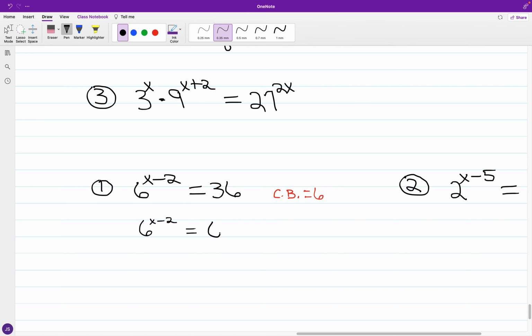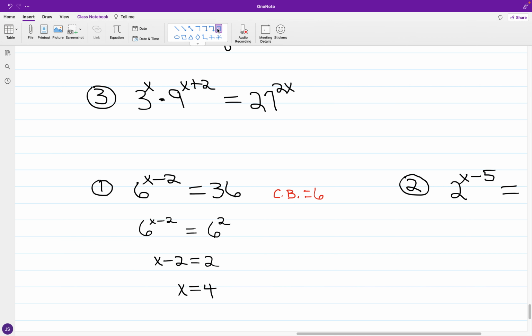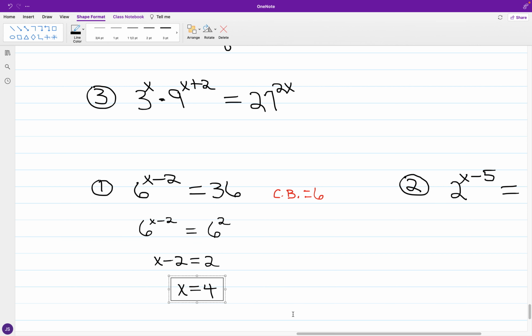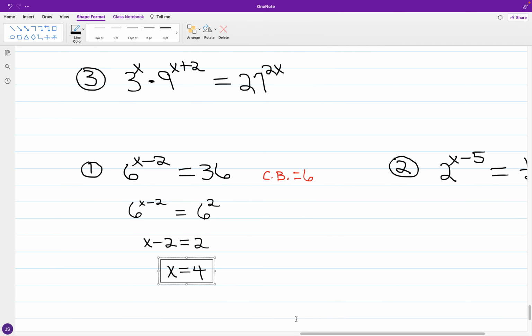And in terms of base 6, 36 is going to be 6 to the second. So you have single base 6 terms. Now I can set the powers equal to each other. So we have x minus 2 is equal to 2. And from this, we're going to have the missing value x to land at 4. So we have x equal to 4 in the first case.